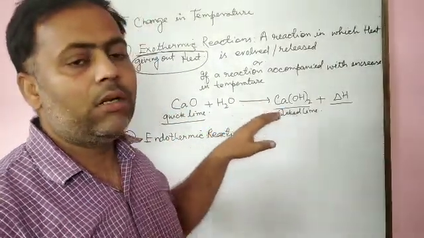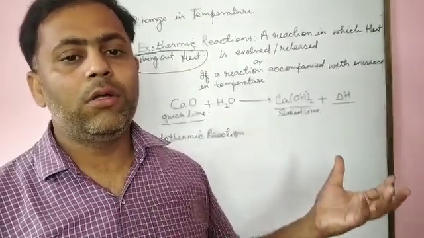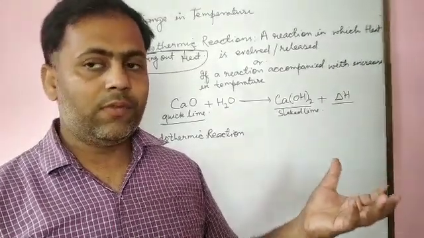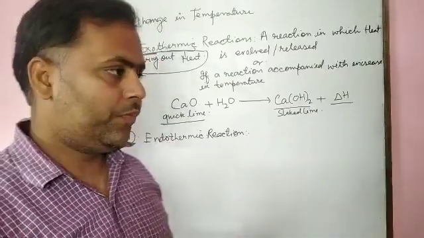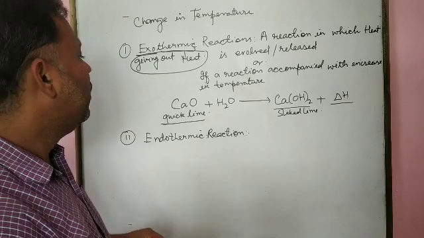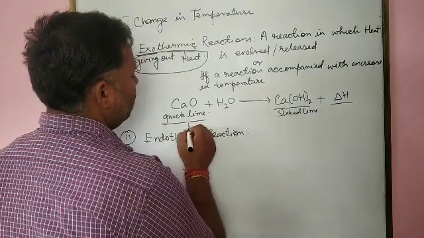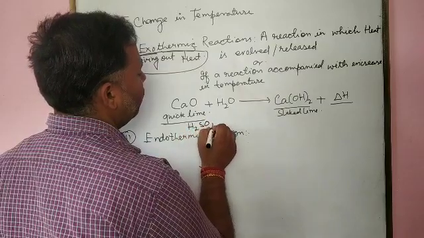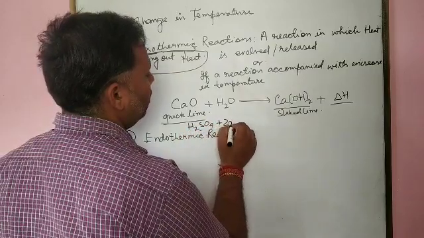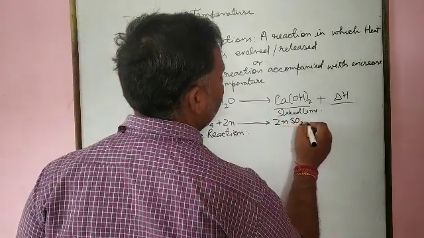For example, when we add water to quicklime, calcium oxide, it forms slaked lime. During this reaction, if we touch the container in which the reaction is carried out, then we observe that there is a rise in the temperature. Do you understand? By another example, zinc granules plus H2SO4, sulfuric acid, forms ZnSO4 plus H2.